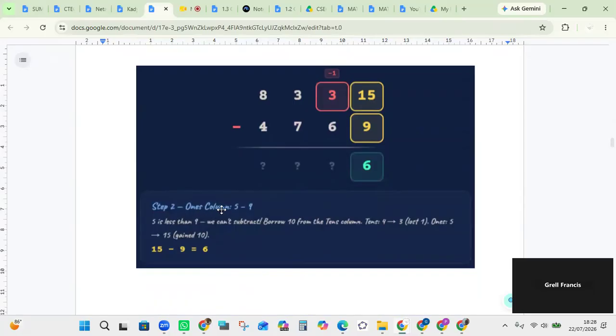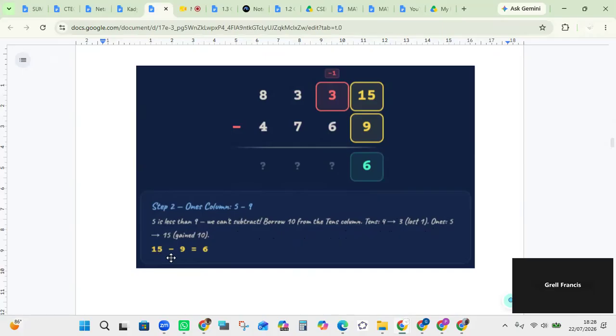Ones column, you start with the ones, which is 5 subtract 9. So 5 is less than 9. We can't subtract. So we borrow 10 from the tens column. Tens, 4. 40 subtract 10 is 30. You lost 1 ten, and that 10 must be added to 5 to make it 15.